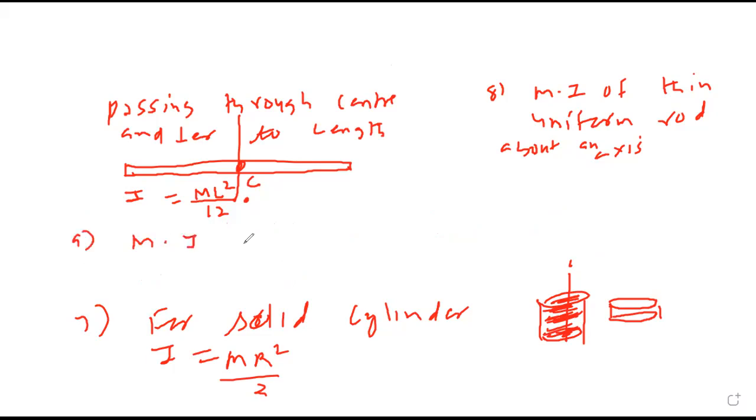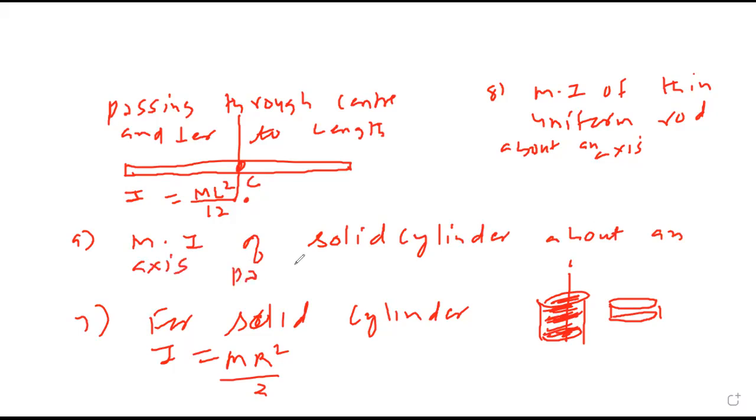Moment of inertia of a solid cylinder about an axis passing through the center perpendicular to length, not to the area of cross section but length.